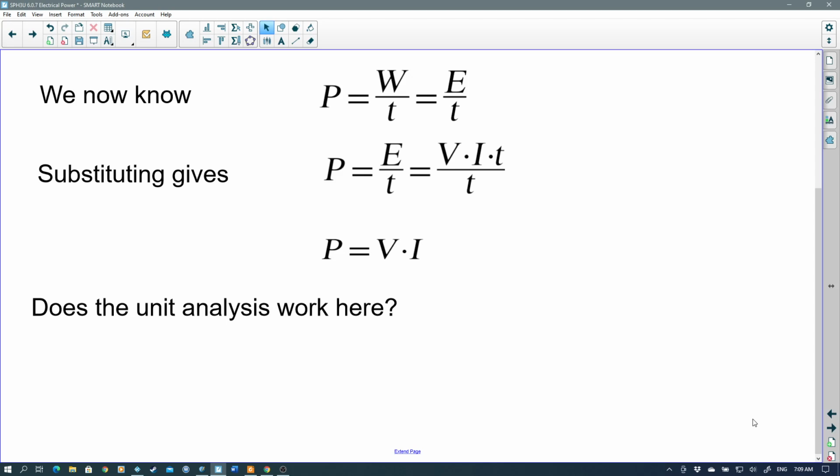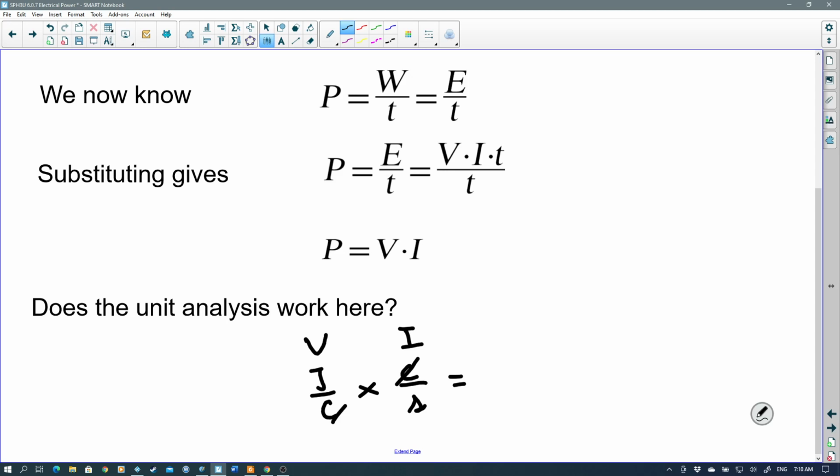If we multiply volts and current, do we actually get watts, joules per second? Voltage is joules per coulomb. Current is coulombs per second. And if we cancel out the coulombs when we multiply those two together, we end up with joules per second. So all of the units work here.